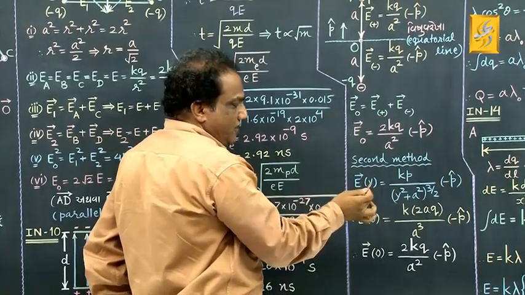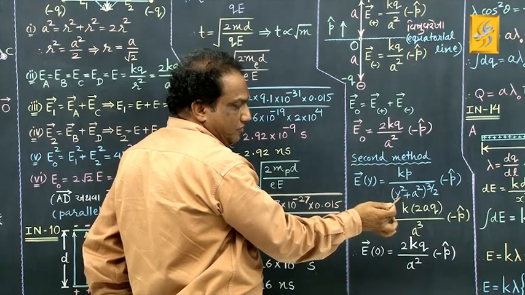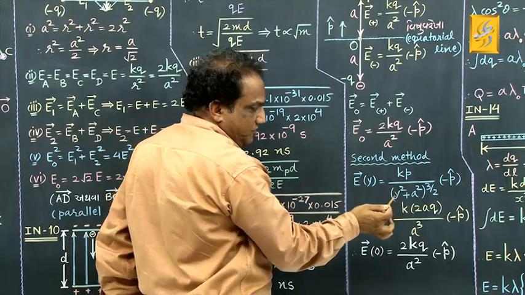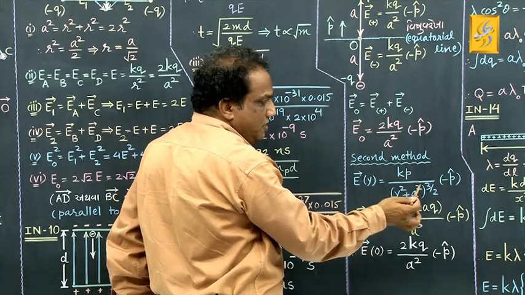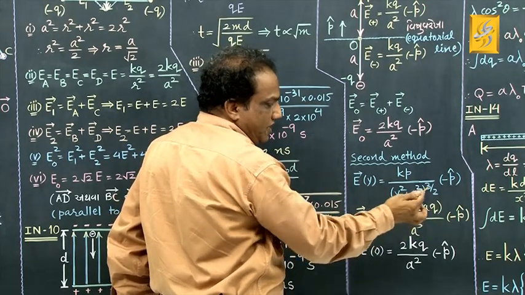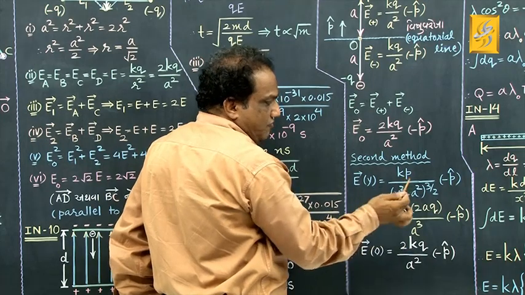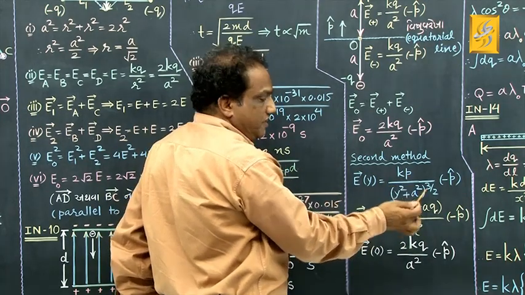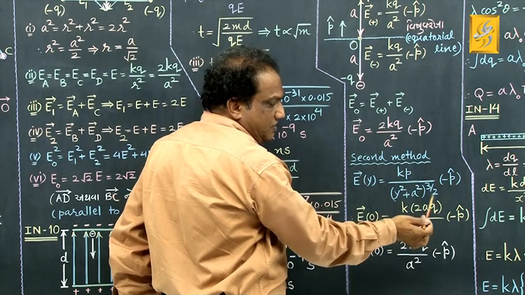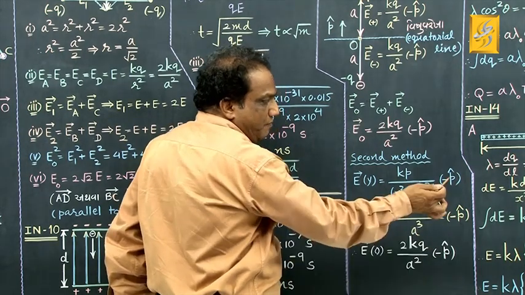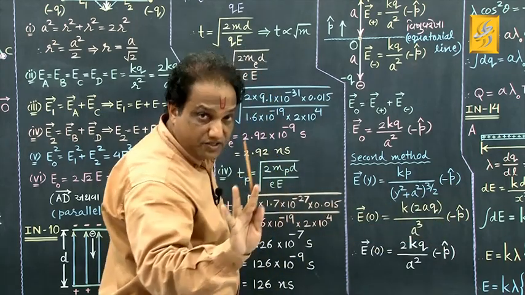When you take y equal to 0 here, this part is 0, then a square whole raised to 3 by 2, these powers when you multiply, 2 will cancel, giving you a cube. So, k as it is. What about p, the electric dipole moment? It is 2a into q by formula, and as I said, 2 will cancel, giving you a cube in the denominator, minus p hat in multiplication as it is.